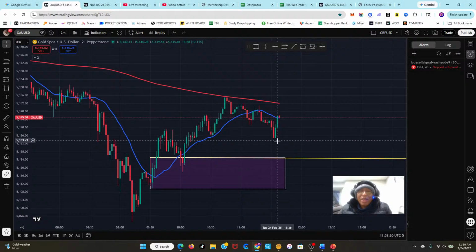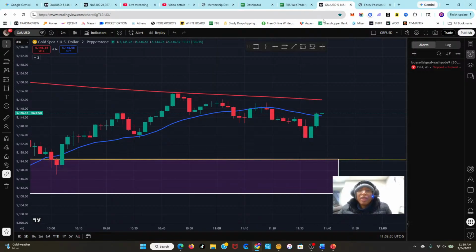Okay, now it's coming down. This is how gold looks now on the 2 minutes. Yeah, it's going up. So this was the power bar. It's going up.